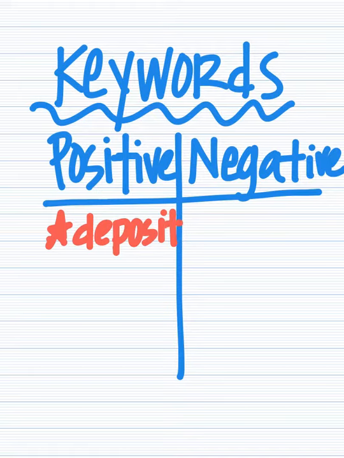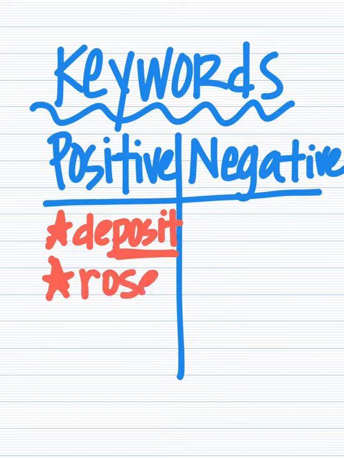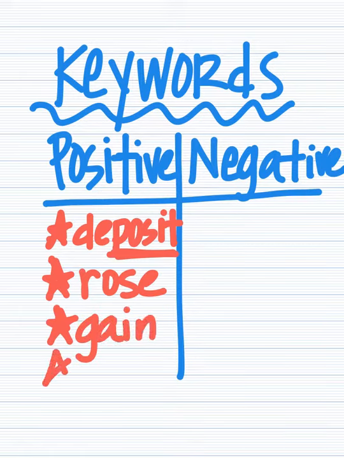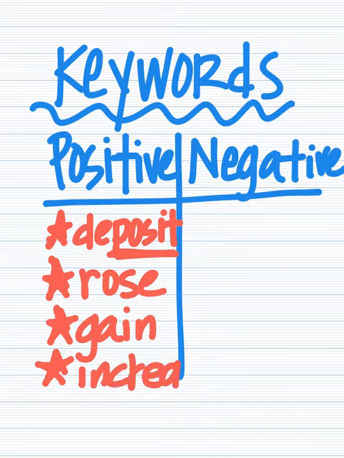I remember deposit is positive because if you look, this part right here almost looks like positive. You might see something like the temperature rose so many degrees, or somebody gained something, increased. Those are all keywords you want to look for. I'd recommend highlighting them.